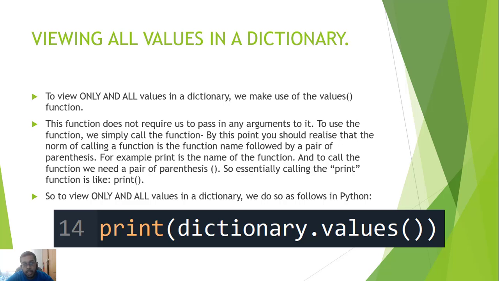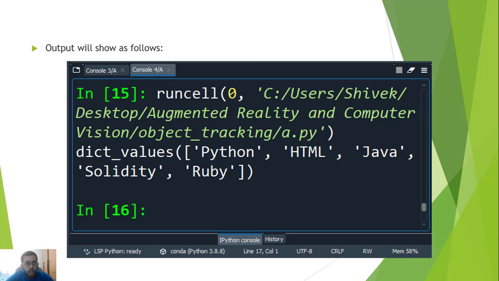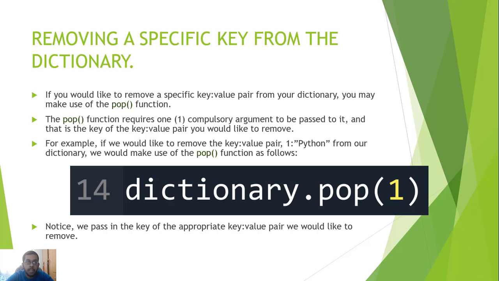So essentially, calling the print function is like print, with the parentheses attached to it. So to view only and all values in a dictionary, we do so as follows in Python: print dictionary.values. Output will show as follows: dict values, Python, HTML, Java, Solidity, Ruby.